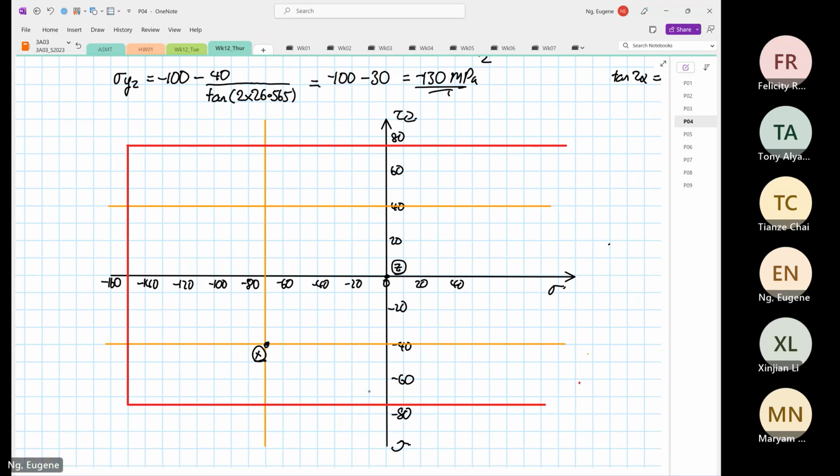Okay, so another possible solution, okay, is where you join X to Z. Okay, then I'm going to rotate this.